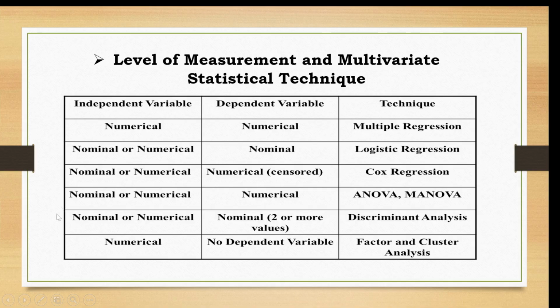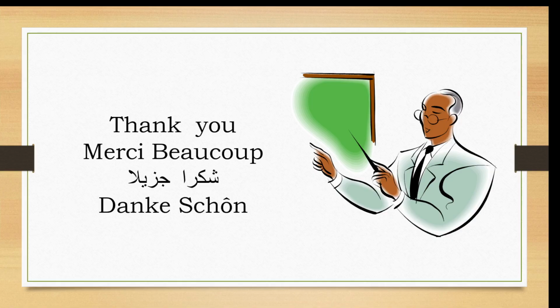So when you have again the independent variable nominal or numerical, and the dependent variable is nominal with two or more values, you can use discriminant analysis. And when you have only independent variables that are numerical and no dependent variable, you can use factor and cluster analysis.